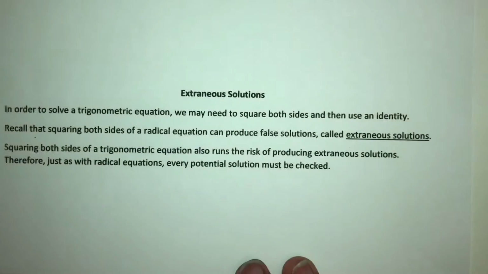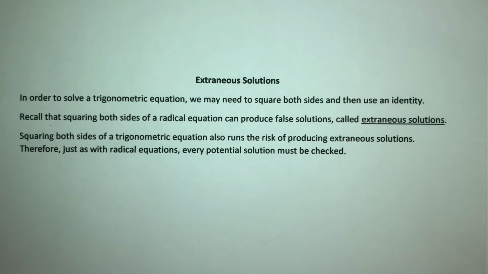Okay, now there's one last method we have for solving trig equations. Sometimes we may need to square both sides of an equation to be able to use an identity to make the rest of it look nicer. What we learned back in algebra, when we squared both sides of an equation with a radical in there, made things nice, but we had the possibility of getting false solutions, called extraneous solutions.